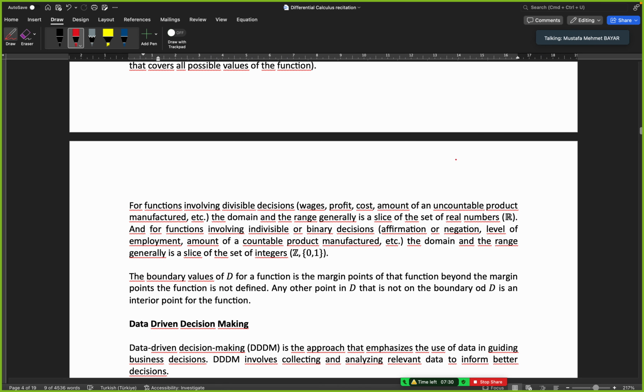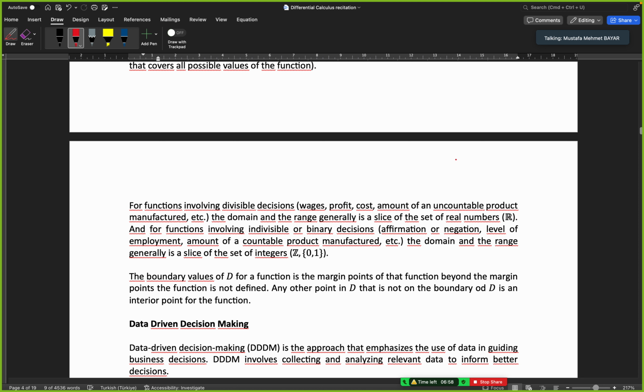So for divisible decisions, the domain is generally the set of real numbers or a slice of it. On the other hand, for non-divisible decisions, affirmation or negation of something, you say either yes or no to something, or hiring some people to the company, these are indivisible and countable arguments.